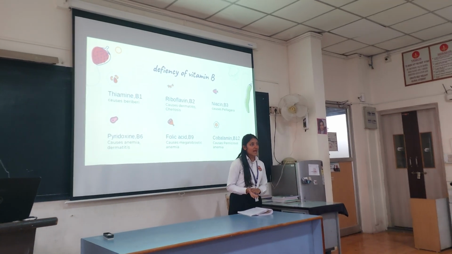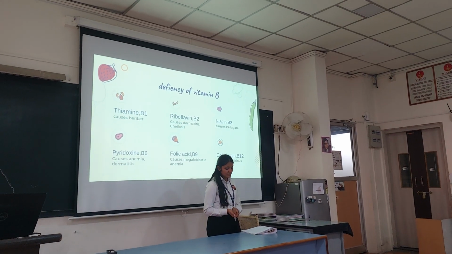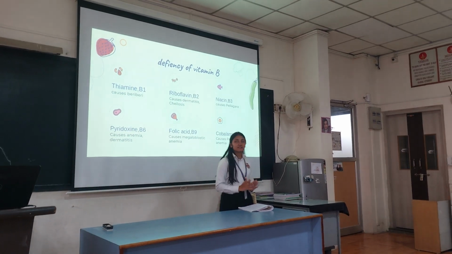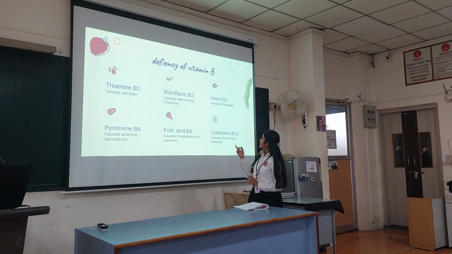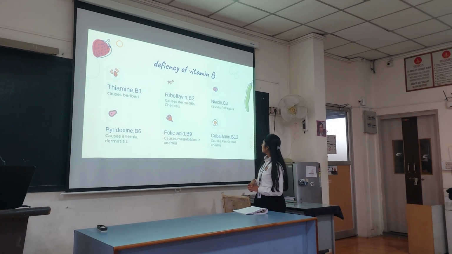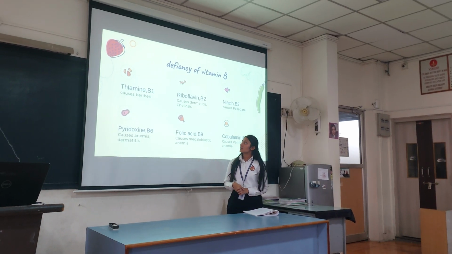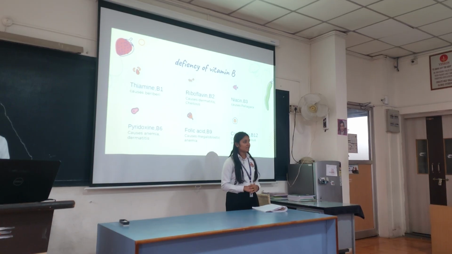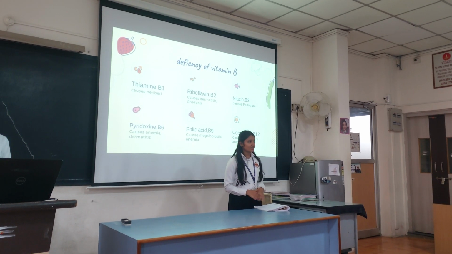Deficiency of vitamin B. As I said earlier, vitamin B is actually not a single vitamin and consists of a group of derivatives. They are thiamine, riboflavin, niacin, pyridoxine, folic acid, cobalamin. Now, as I mentioned beriberi, does anyone know about beriberi? Can anyone answer about it?